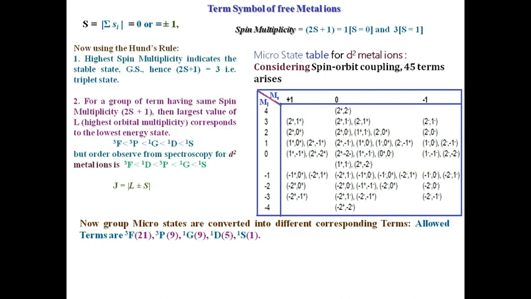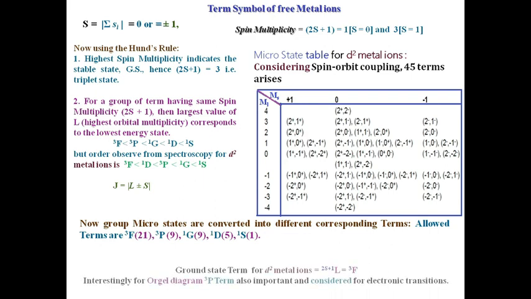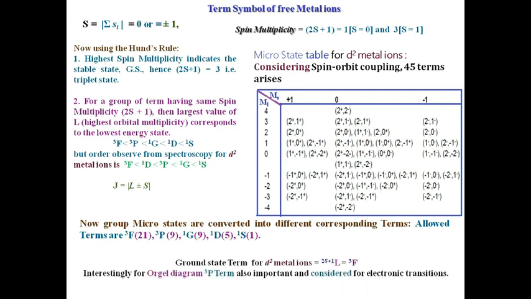But from spectroscopy, the actual order is 3F is less than 1D is less than 3P is less than 1G is less than 1S. Among these terms, as per Hund's rule, the 3F term has lowest energy and hence is the ground state. Interestingly, for Orgel diagram, we have to consider the 3P term also for precise electronic transition.